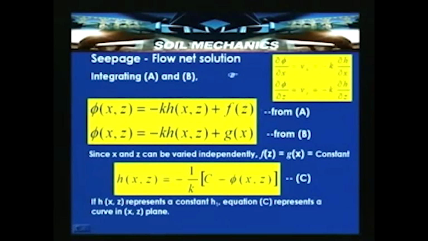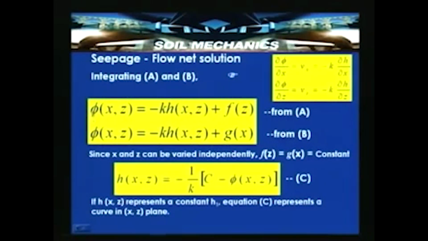So, by integrating A and B, we get these particular equations. Since x and z can be varied independently, the function of z is equal to g(x), which is equal to a constant.